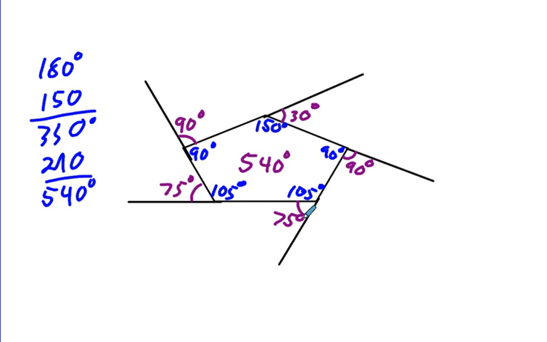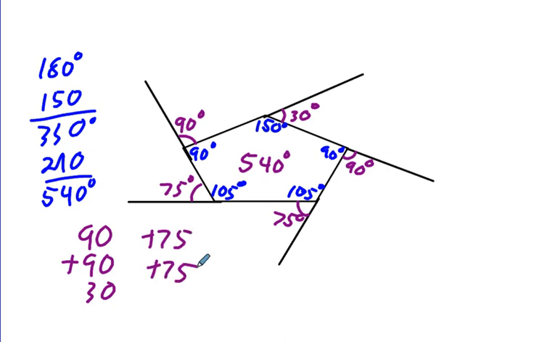If I take those 5, 90 plus 90 plus 30 plus 75 plus 75, and add all those up, I get 360 degrees.